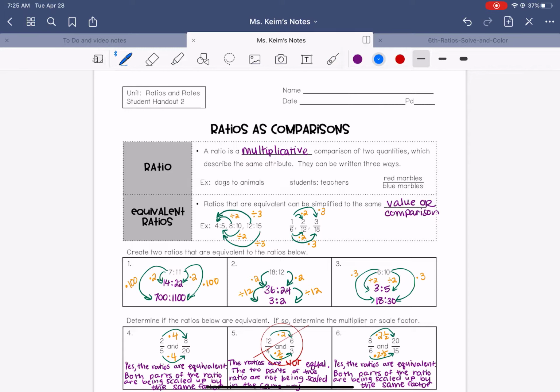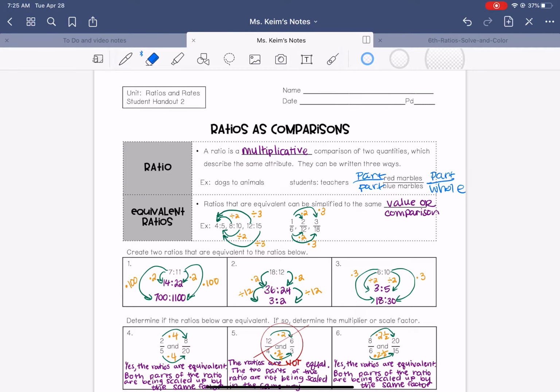So you need to look at the context to determine whether it's a part to a part or a part compared to a whole. Now, the mechanics behind simplifying and scaling up ratios written as fractions is the same as working with normal fractions. It's just that when you're problem solving with them, it's important that you determine what it is that we're comparing.